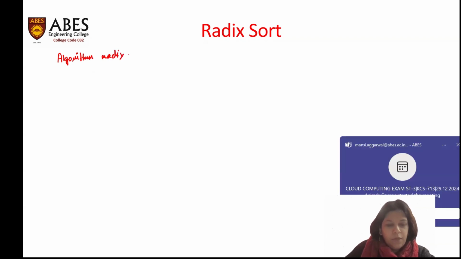So this Radix sort algorithm is going to have 2 parameters, that is array and the number of elements. Now, suppose max is a variable which is storing the maximum number stored among the array. So we can simply call this get max function.